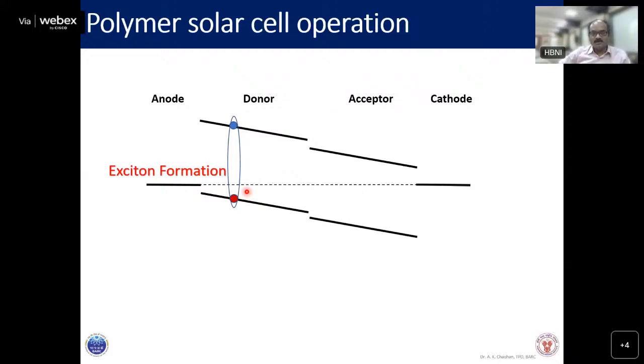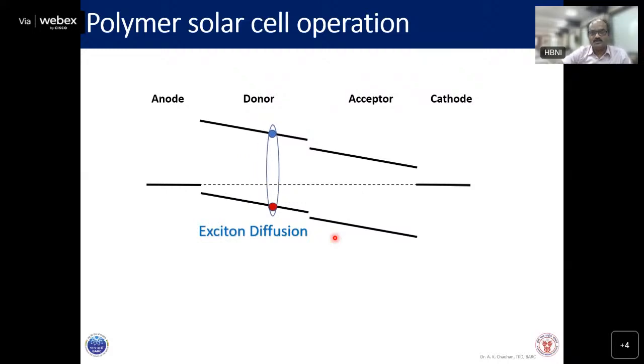So the first problem is this. When it can move in any of the 4 pi directions, the probability of this exciton moving towards this junction is very low. So let us imagine the most conducive situation where the exciton has moved to the junction.